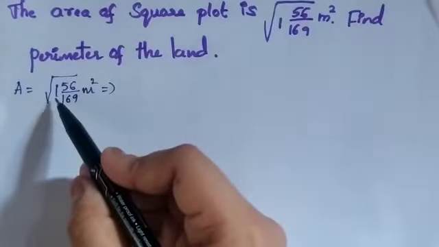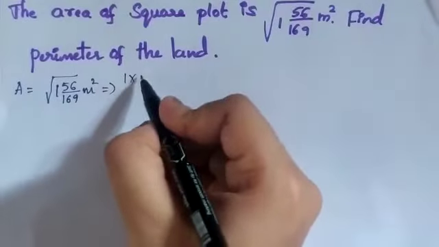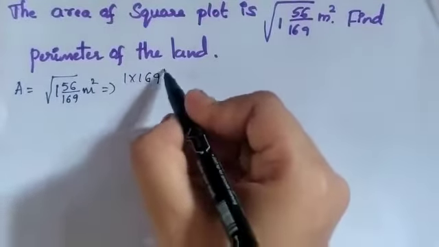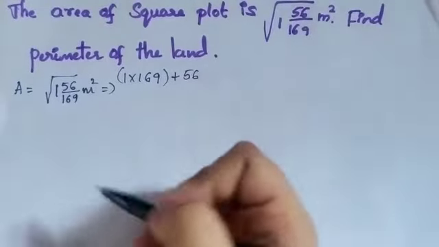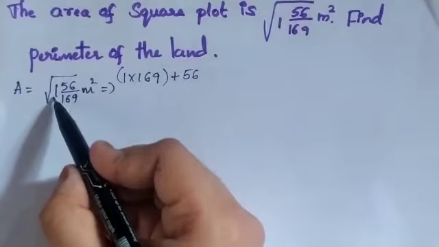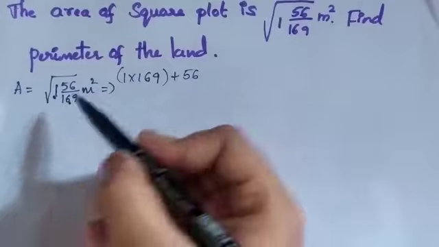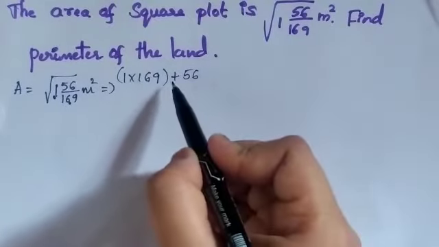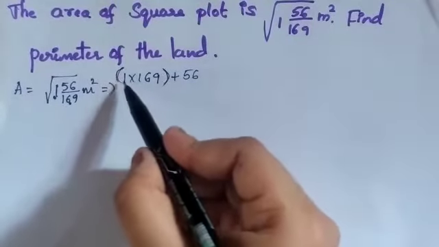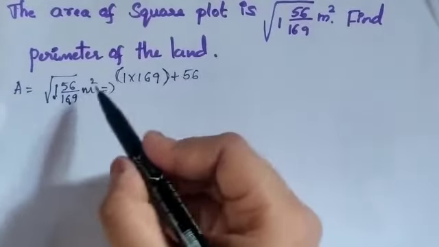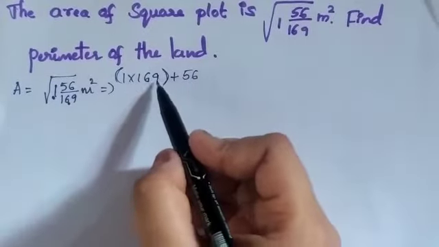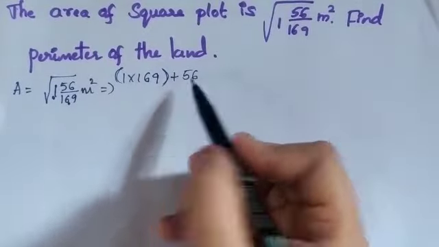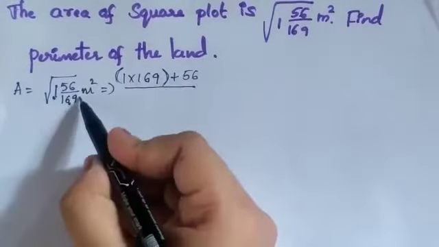You know how to convert. 1 into 169 plus numerator 56. I'll repeat it, you have known this already. 1, it is a whole number, into the denominator of the fraction. 1 into 169 plus, what answer you get, that you have to add to the 56 here, divided by the denominator.